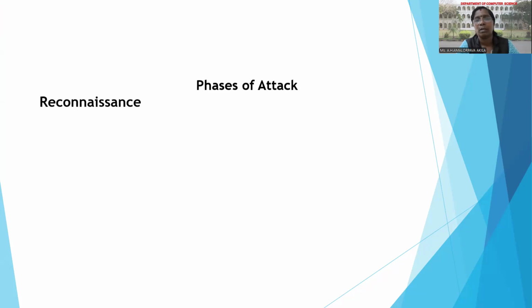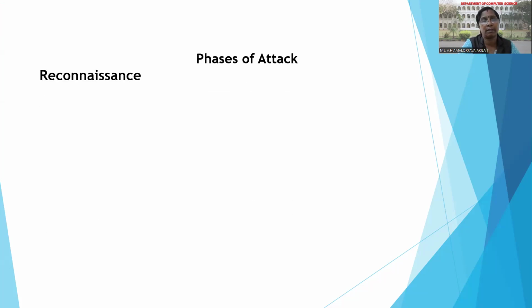Next, we'll move on to phases of attack, that is, the steps of an attack. First one is reconnaissance. Reconnaissance is nothing but gathering information. The attackers gather information about the target system.